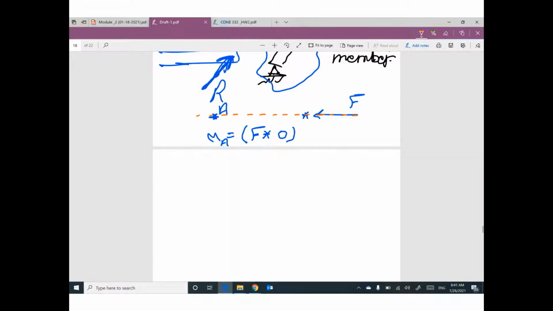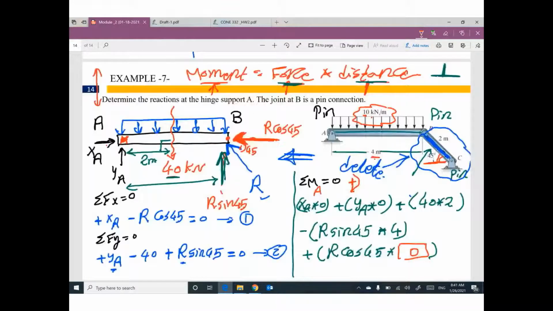That means I'm looking for vertical distance. Do you have vertical distance between this location and this location? No, we don't. So your distance is 0. Be careful. So this term will be cancelled, this term will be cancelled, this term will be cancelled.